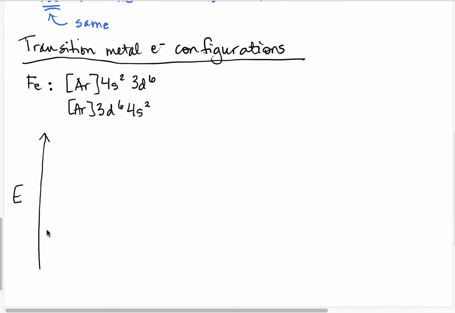So here's our relative energy level. With no electrons in the orbitals, we have our 4s energy level, and then we have our 3d energy levels like this. And anytime we have multiple energy levels that are all the same, we say that they are degenerate. That's just another special term that you may hear, so I want to make sure you hear it.